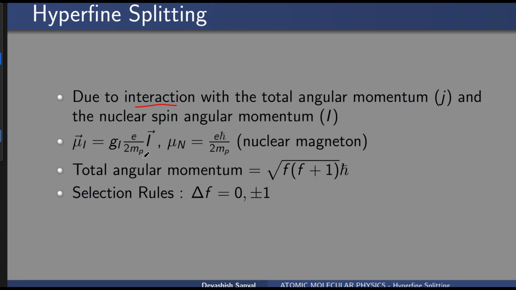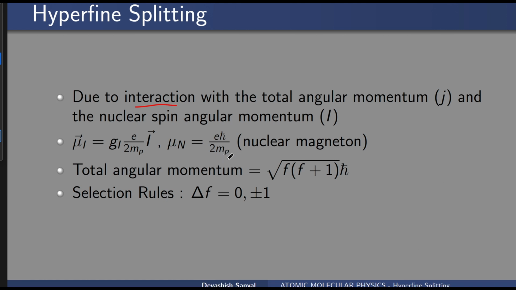Just like when we were dealing with the spin of the electron, or the orbital angular momentum of the electron, we introduced the Bohr magneton, here we introduce a new name, which is called the nuclear magneton. Here m_p is the mass.